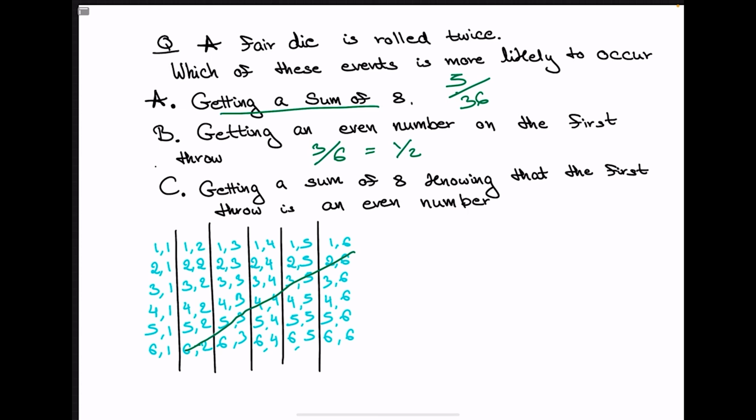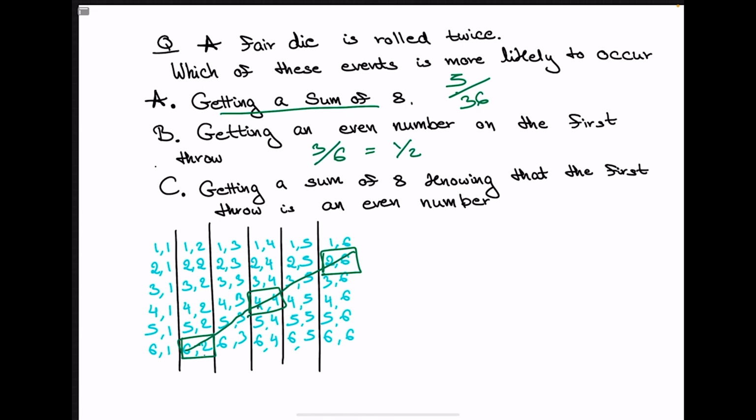Now C is getting a sum of 8 knowing that the first throw is an even number. Honestly, since you already wrote all the values down here, the numbers that you can get 8 with that have the first throw even is 6 and 2 right here, 4 and 4, and 2 and 6.